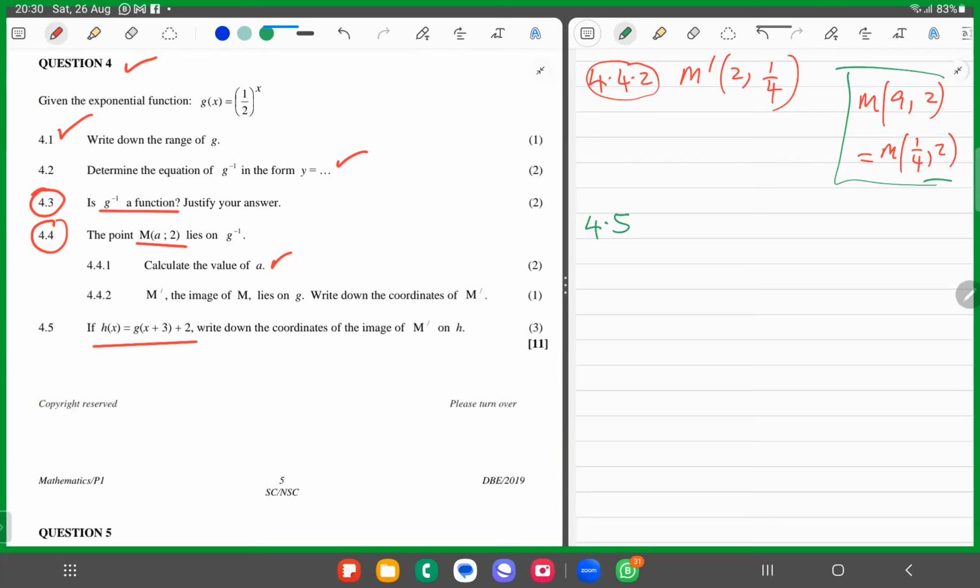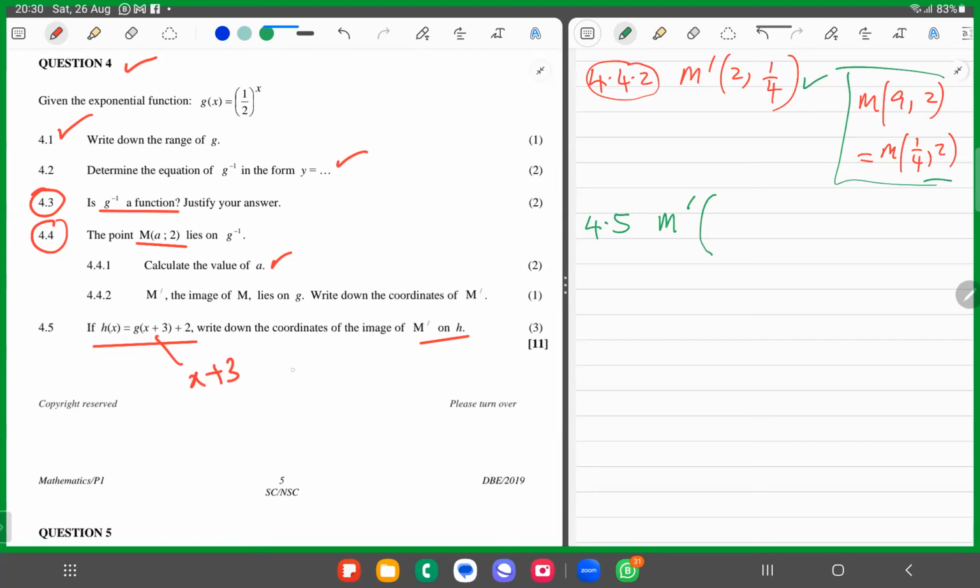Well, we know that the coordinates of M primed are as given there. But I want to write them on H. So what is H going to do here? So H has X plus 3. What does X plus 3 do? Well, it's a transformation of the function.